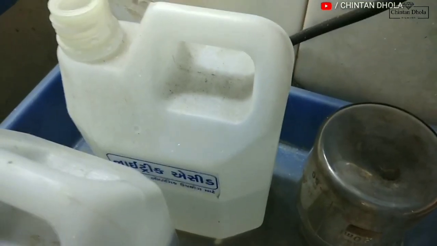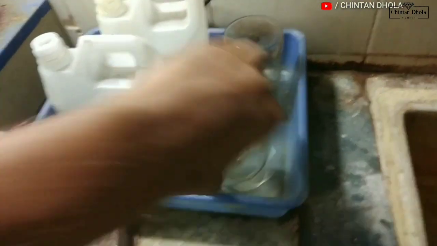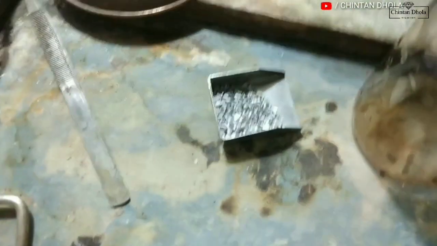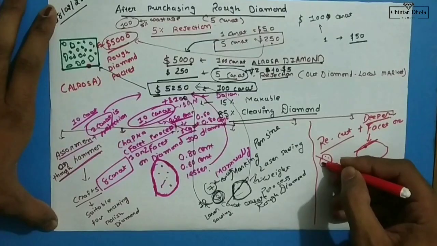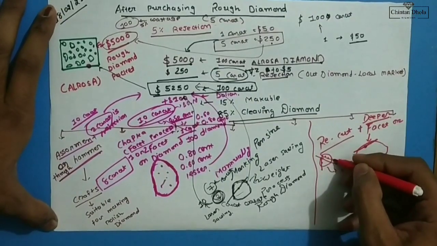And the recut process, what is the recut process? After you have the original diamond, if you cut it the first time, then you have to do a second process on it, because there are some impurities in the second diamond also. So the second diamond you have to cut like this, cut like this.